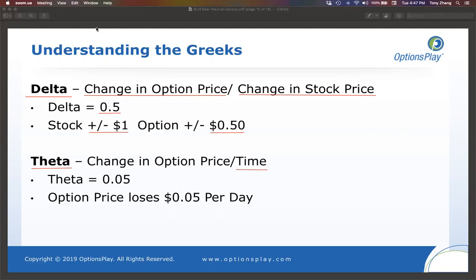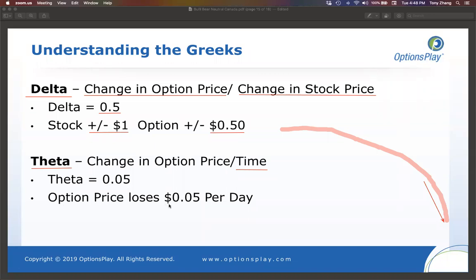As time goes on, the value of your option is going to decrease. And as you get closer to expiration, that decrease accelerates, because the less time you have left, the less opportunity for that call option to be worth anything. So what theta tells you is how much the option price will lose per day.